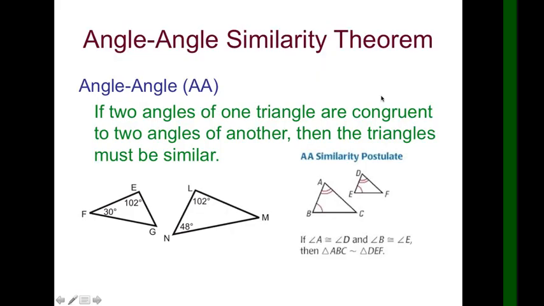Okay? So, another theorem is the angle-angle similarity theorem or the AA. If two angles of one triangle are congruent to two angles of another, then the triangles must be similar. So let's say that here angle A is congruent to angle D and angle B is congruent to angle E. Kahit dalawang angles lang yung congruent.